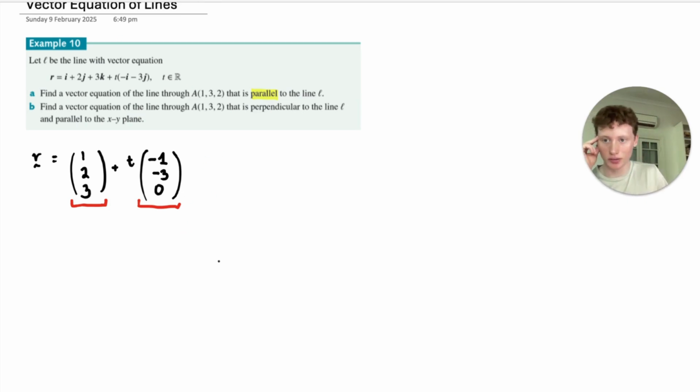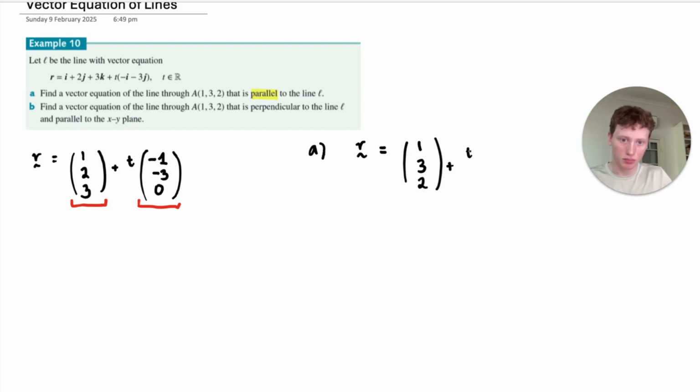And if it's an equation of a line, it's also got to be this r vector. All it's going to have is a different position vector, and that position vector is just some point on the line L. Because we know that it passes through this point A, that is our position vector. So we can just write 1, 3, 2 plus t, and then our direction vector.